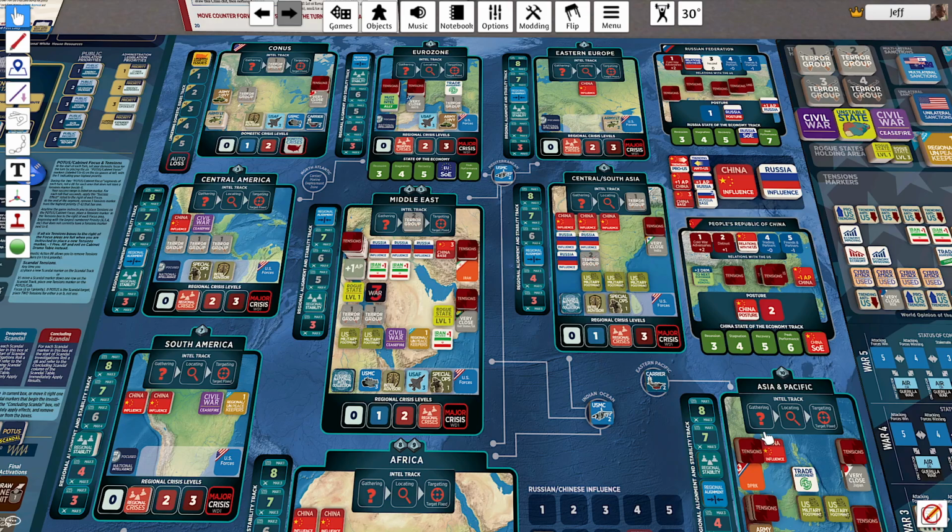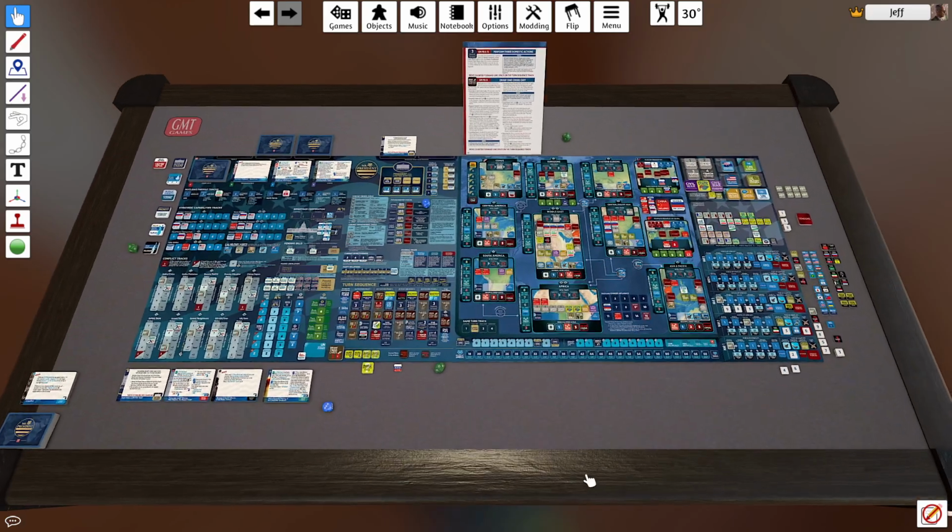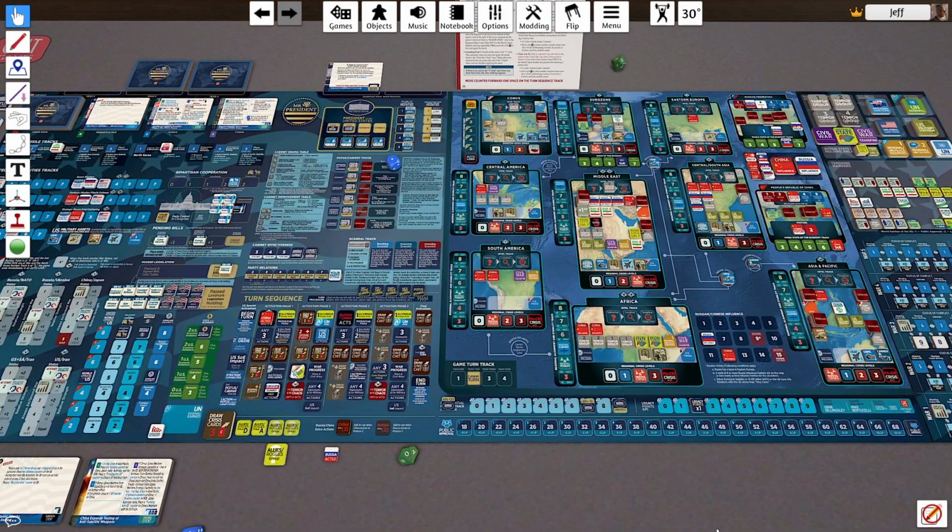Let's fight now. So the intel check. Sorry, I keep hitting a button on my keyboard. So we're going to roll a d10, and modify it by -1 if there's a US intel in the region, and another -1 if I have a focused intel.